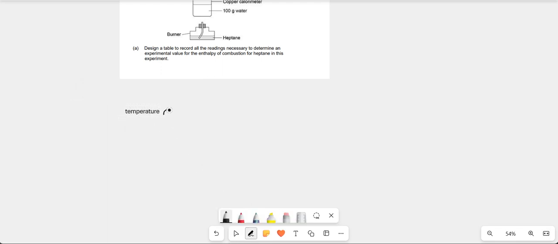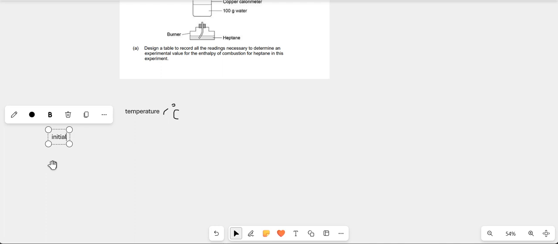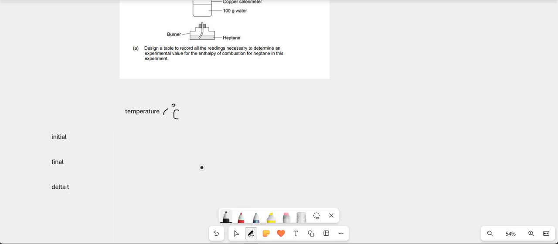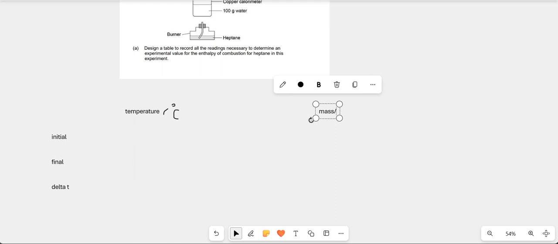So I can just write here temperature in Celsius, and then what we can do is write here initial, final, and then delta T, or change in temperature. And then I can write here mass in grams.